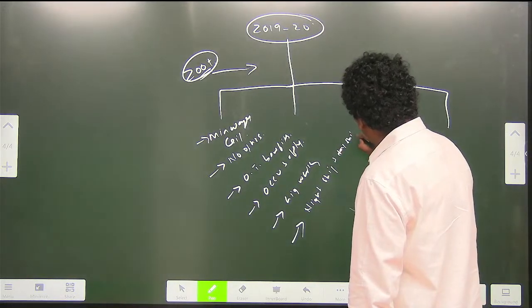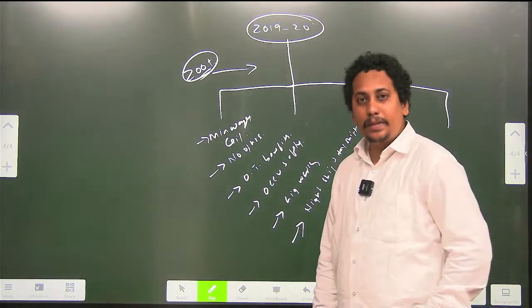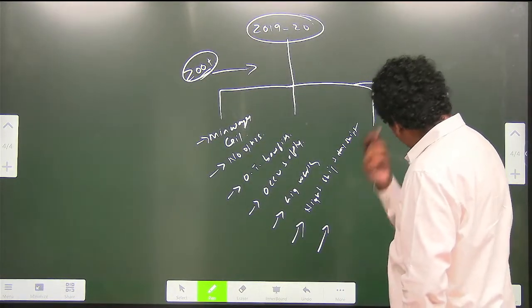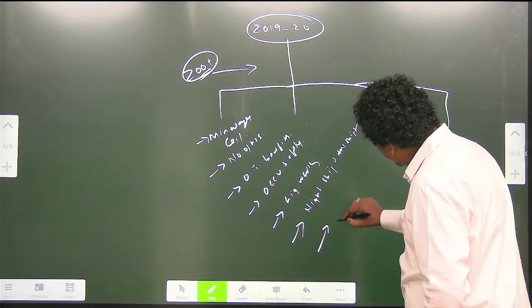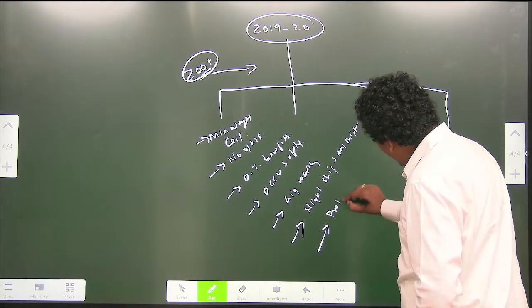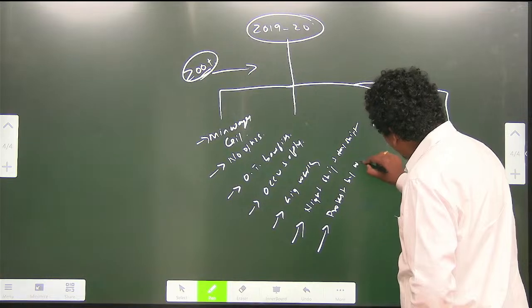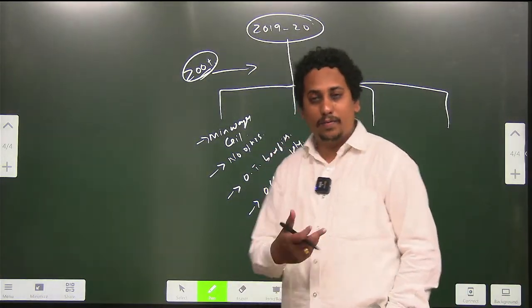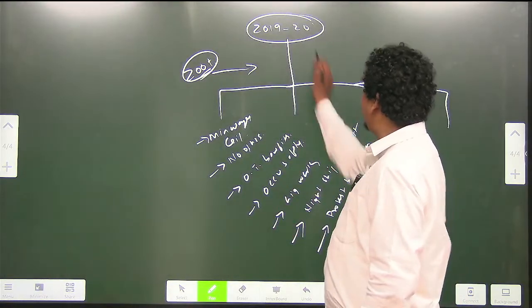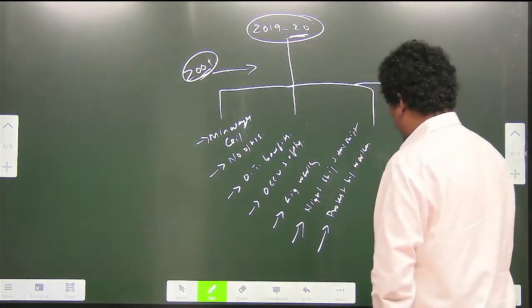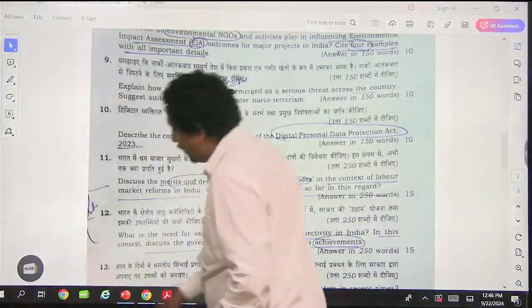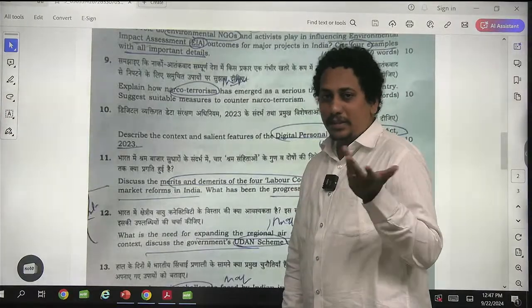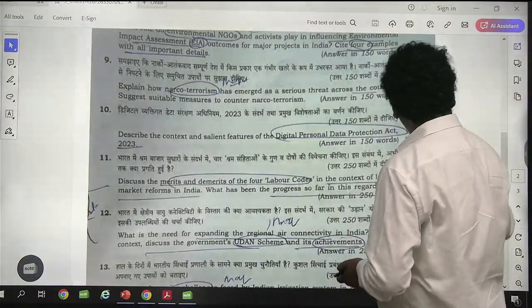There was also a mention of one important component, that is protest by the workers, when the workers can call for a strike, when the workers can call for a protest. All these provisions are mentioned in the 4 labor laws, and it was the most expected. Since last year also I was saying, students, that this is the most expected, and this year it came into implementation. Okay.